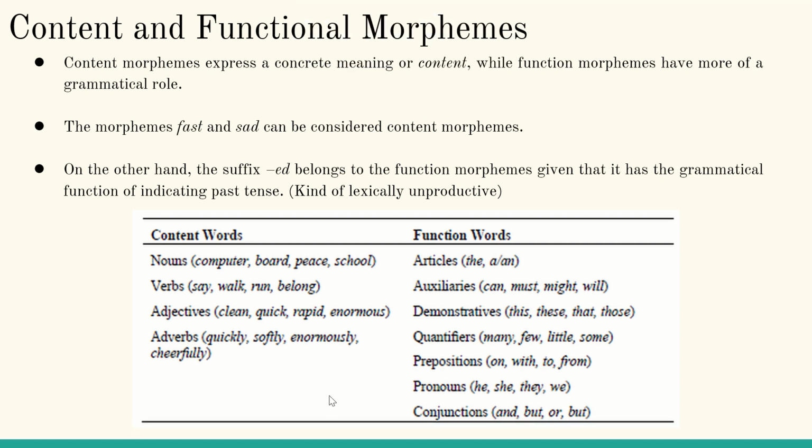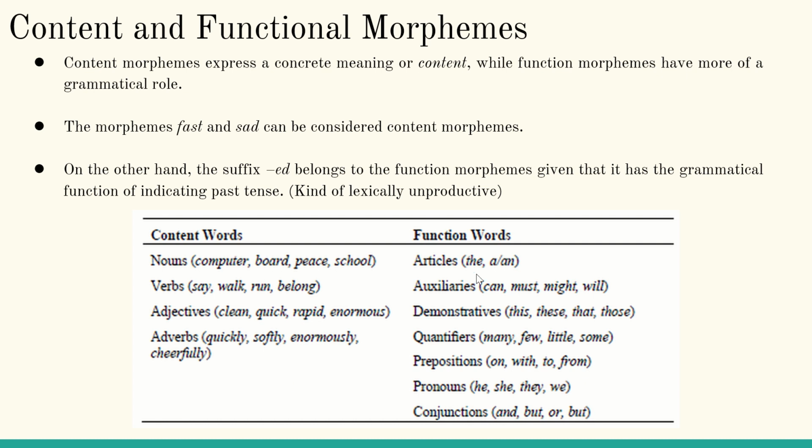The simplest examples for content morphemes could be computer, board, peace, school, walk, run, clean, quick, rapid, enormous. All these are examples here. It can be nouns, verbs, adjectives, adverbs, anything, but it should convey a very solid meaning, which means a concrete meaning should be conveyed by these words.